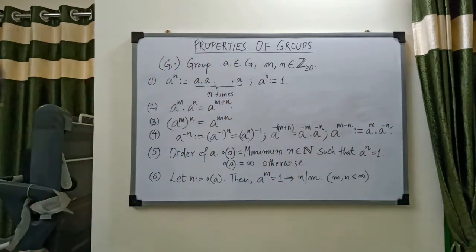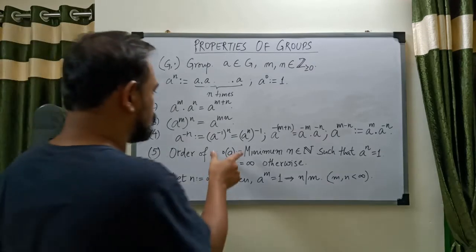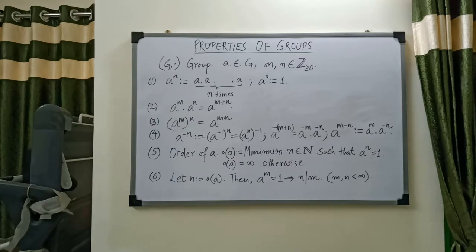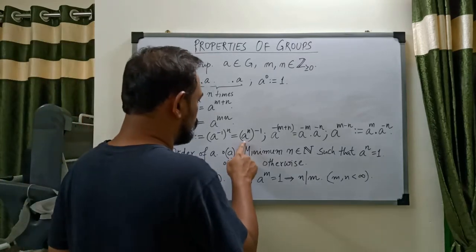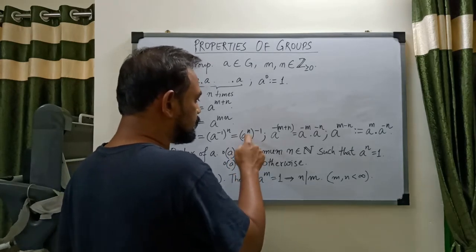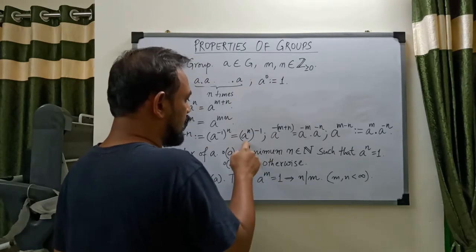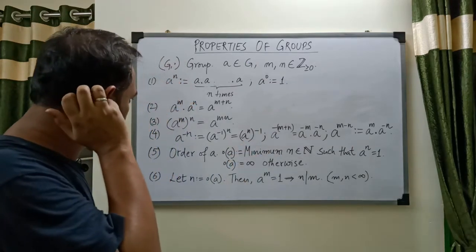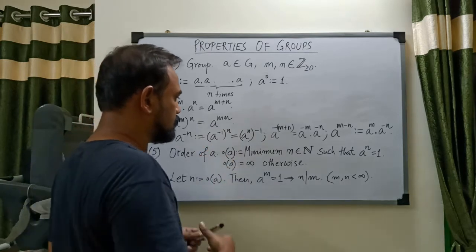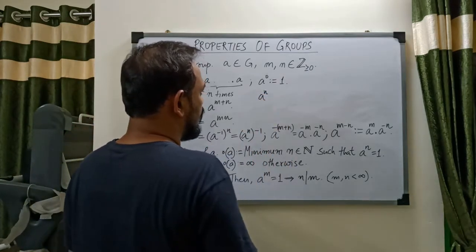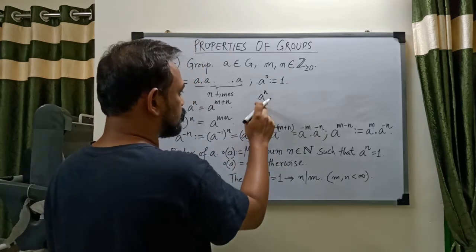What would you do with this? You have to show that, let's show this from this one. a^n is an element of G, and we want to find the inverse of that element. We will show that it is this element. So you have a^n, and I want to find the inverse of a^n.